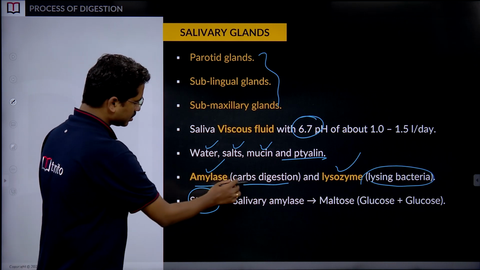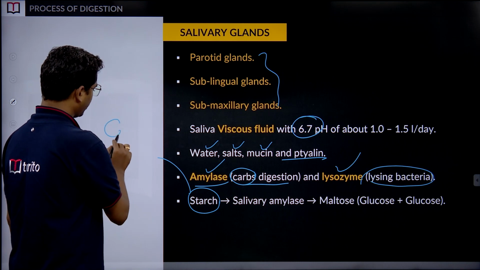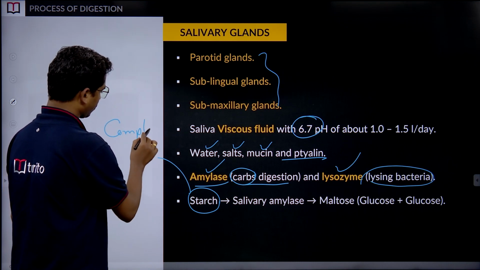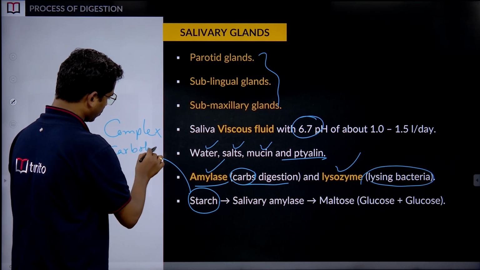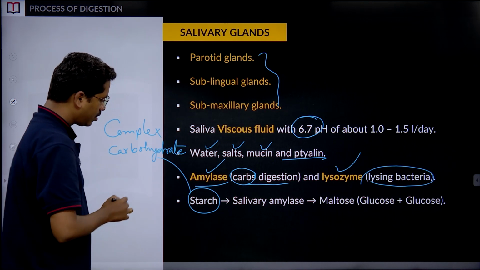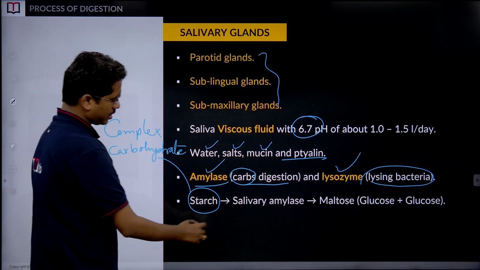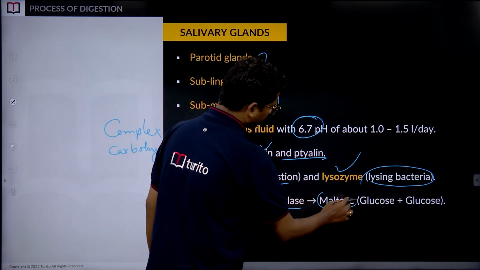When we have this complex starch, as already mentioned here in digestive carbohydrate, starch is actually a complex carbohydrate. By the action of salivary amylase, it gets converted into maltose.